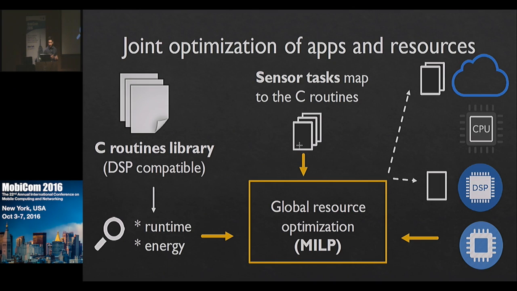Then we have the currently available resources, such as a low-power DSP, the threads of a low-power DSP, or a GPU, or a CPU. And we also need information about the expected runtime and energy of the sensor tasks, or the underlying algorithms that are implemented in our library. So this can be performed offline in a one-time step prior to the deployment of the framework.